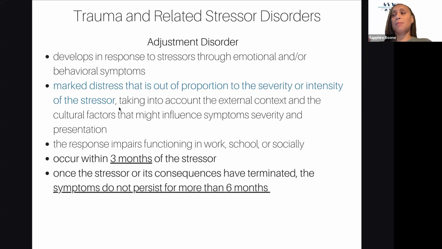Because there may be things characteristic of that family's culture or that person's culture that we should take into account. So we shouldn't say, oh, that's definitely out of proportion, when maybe that is a norm in the culture. So you do have to take that into account. But it's the distress and it's also the impairment in functioning in work, school, or socially.